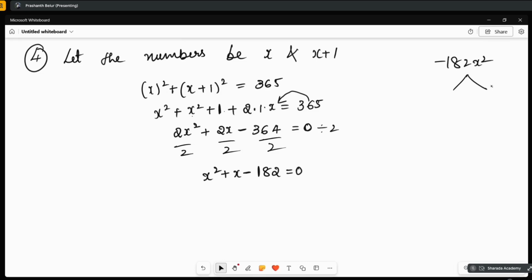So take the factors of 182. What will you get? 2 and 91. 91 again, you try to split. So here 2 into 91, what will you get? You will get 13 into 7, no?